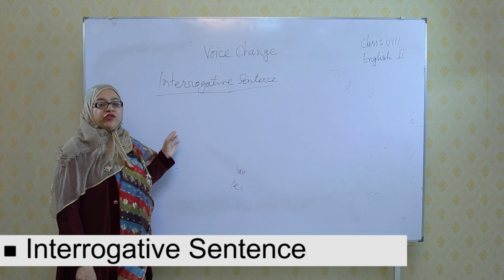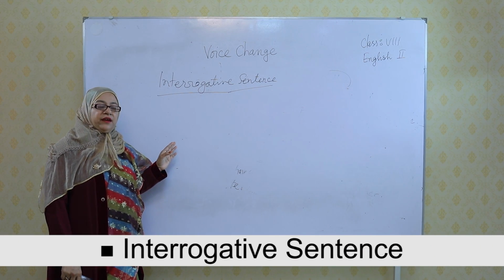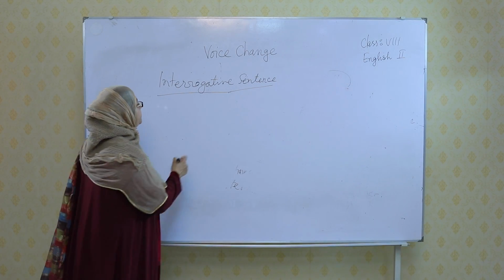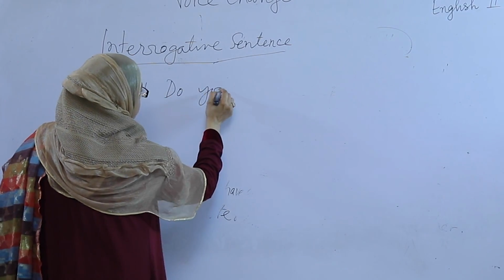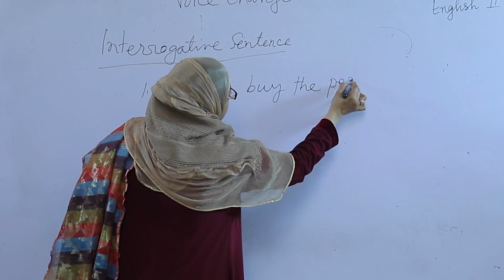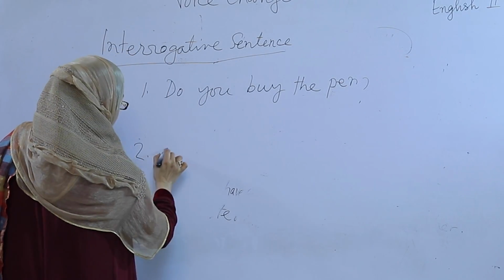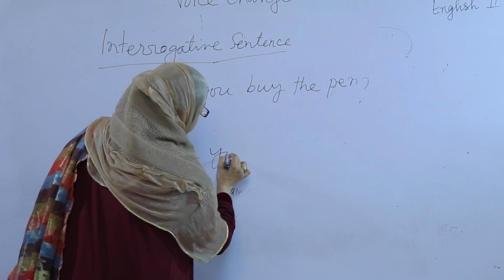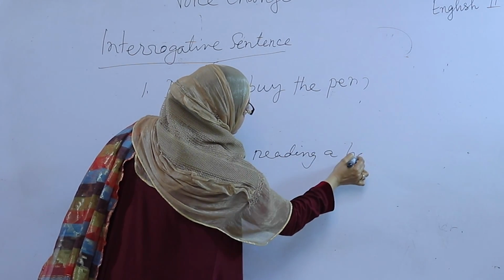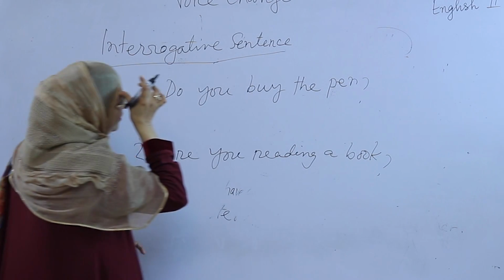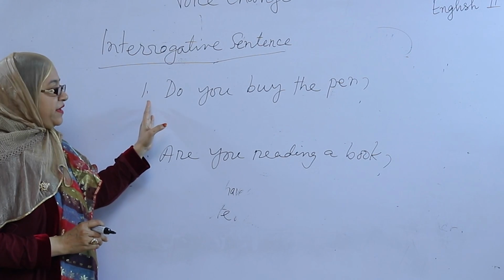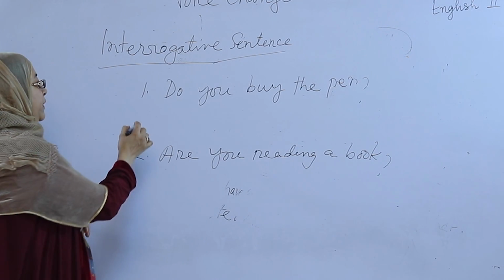Now we use some interrogative sentences and how we can turn them into passive. Look at the board. This is an interrogative sentence: Do you buy the pen?